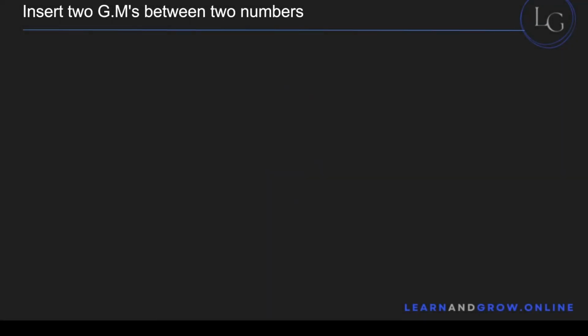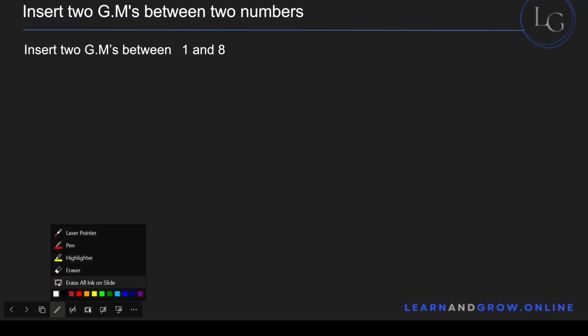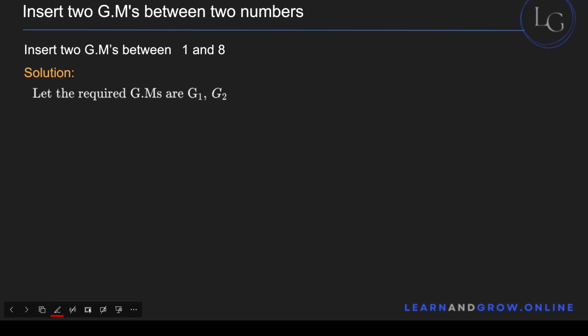Now let's insert two geometric means between two numbers. It says that we have to insert two geometric means between 1 and 8. So if we denote the two geometric means as G1 and G2, that would make it four terms: 1, G1, G2 and 8.